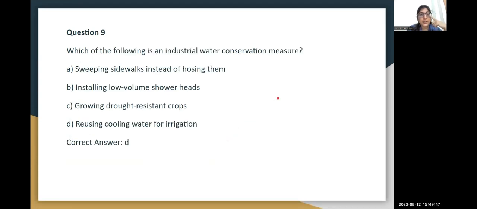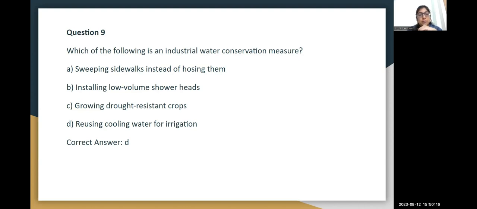Then, which of the following is an industrial water conservation measure? Out of these, sweeping sidewalks instead of hosing them is a water conservation measure, but it is not very much associated with industries. Low volume shower heads is again domestic water usage.